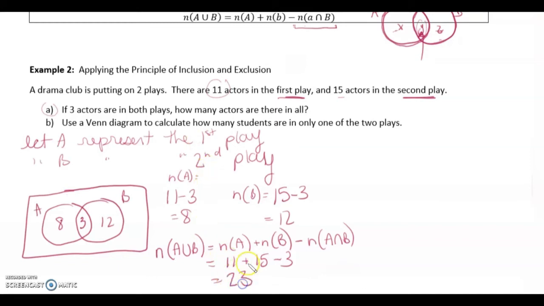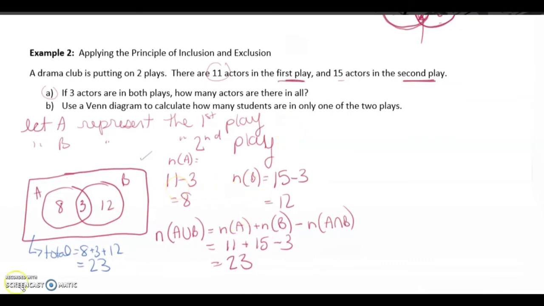So there's 23 actors in total. Now, referring back to our Venn diagram at the side, if we added 8 plus 3 plus 12, we also get 23.